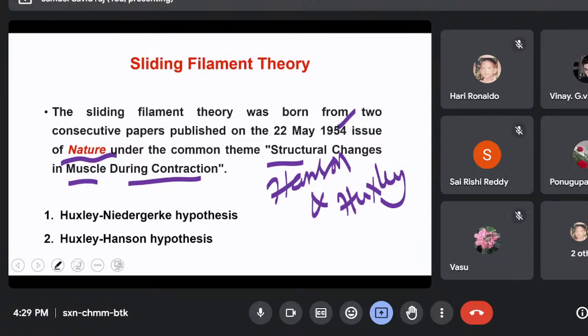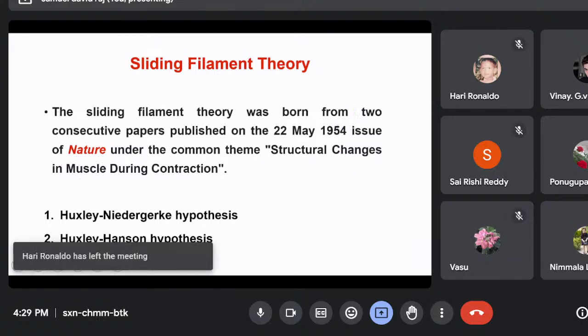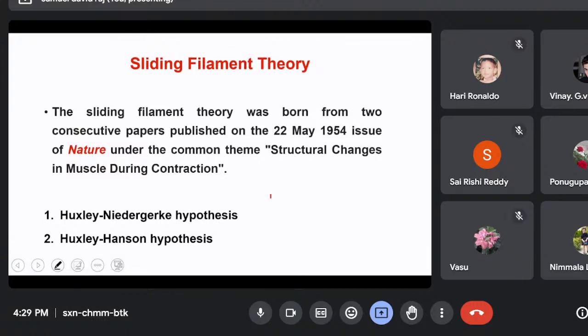But this theory did not originate all of a sudden. There are two groups of scientists who paved the way for the entire sliding filament mechanism: firstly Huxley and Niedergerke, and secondly Huxley and Hanson.